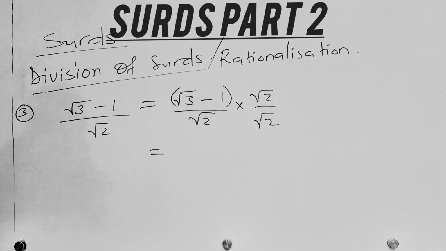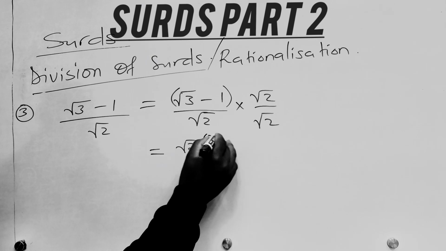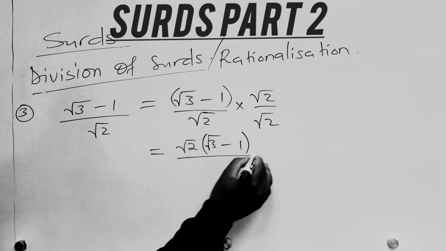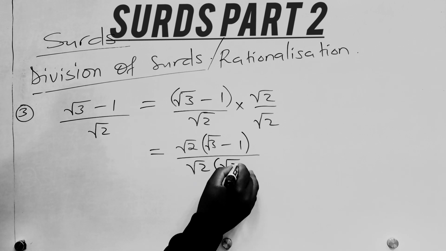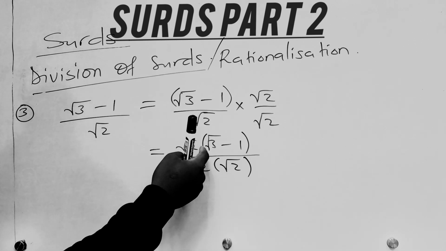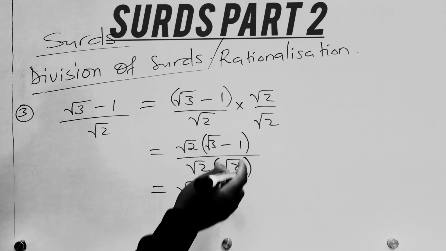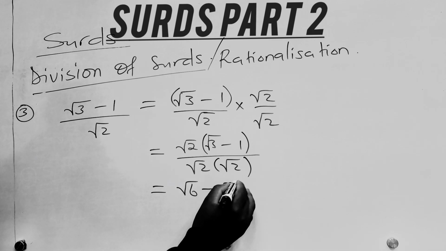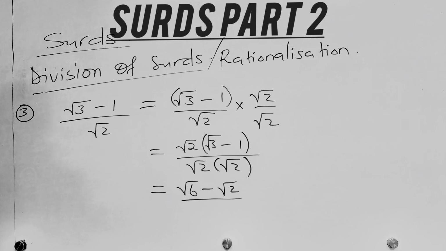I can put some brackets there so that we have root 2 multiplying root 3 minus 1 like this, over root 2 multiplying root 2. Root 2 times root 3, we get root 6. Minus root 2 times 1, we get root 2, over root 2 times root 2, we get 2. So in this case, I have rationalized my denominator.